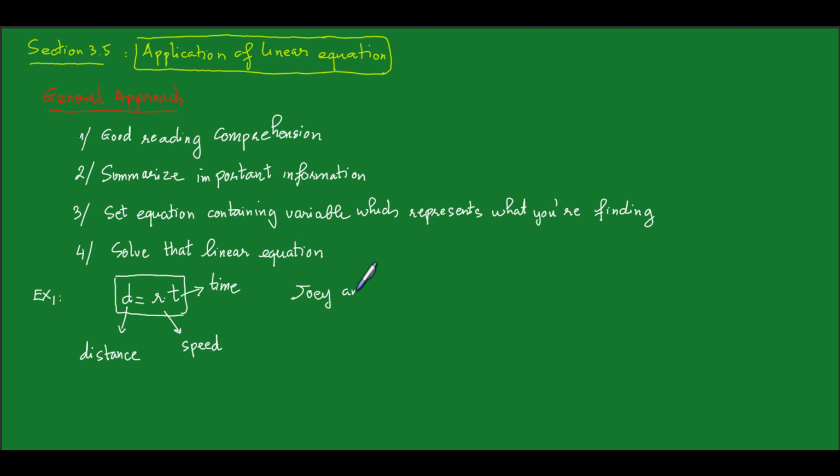Joy and Jack start from the same point and walk in opposite direction.